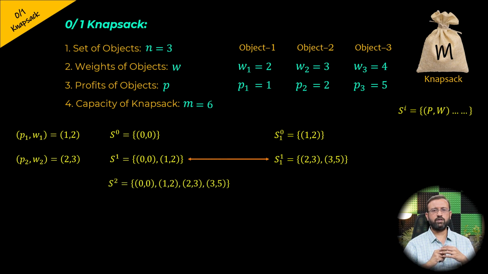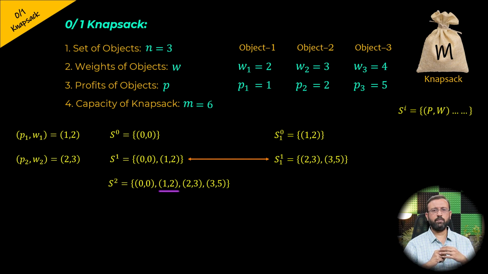So the set S2 will contain the pairs 0, 0 and 1, 1 from set S1 and the pairs 2, 3 and 3, 5 from set S11. So if you observe, the first pair 0, 0 of set S2 means object 1 and object 2 are not included.